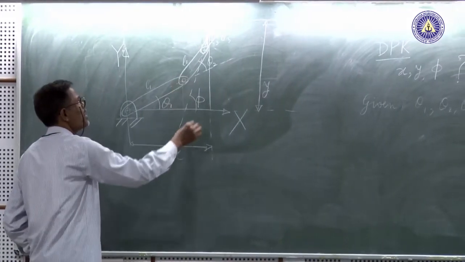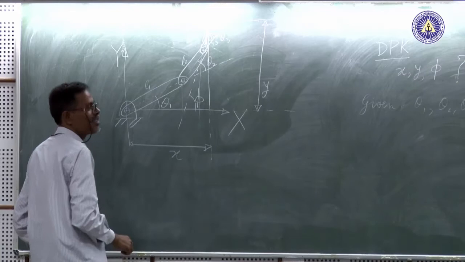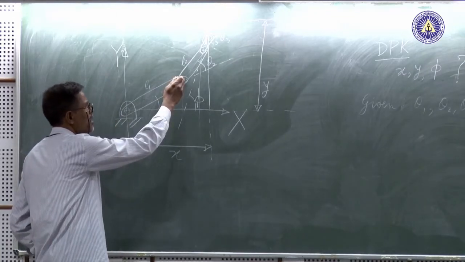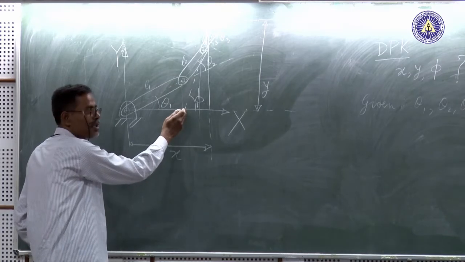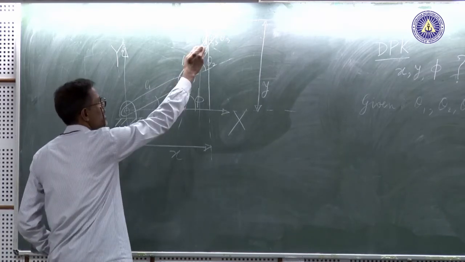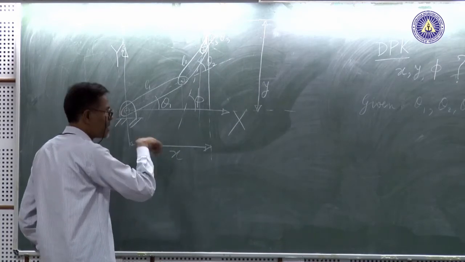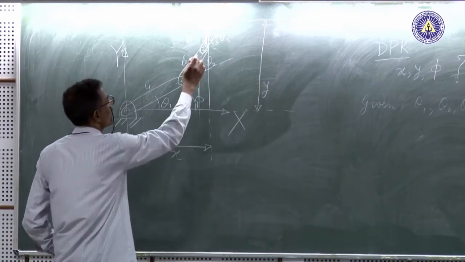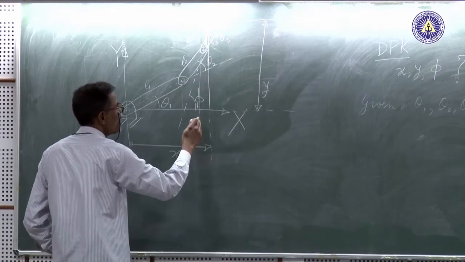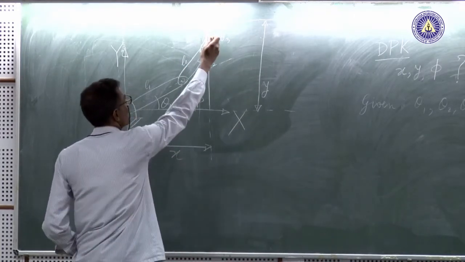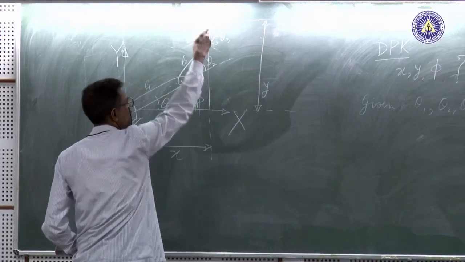We drop a perpendicular from here, drop another perpendicular from here, and then say L1 into cos theta 1 plus L2 into cos of theta 1 plus theta 2, and finally L3 into cos of theta 1 plus theta 2 plus theta 3. Okay, this is L3.